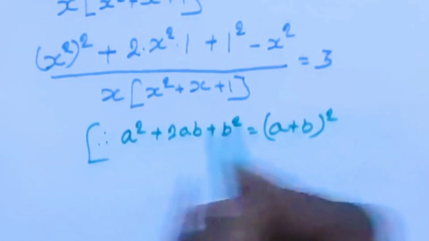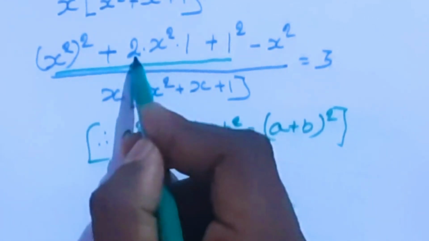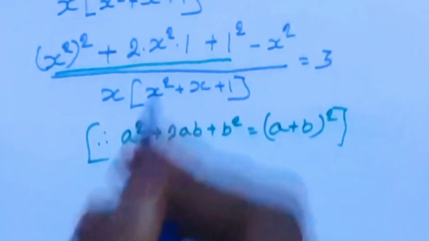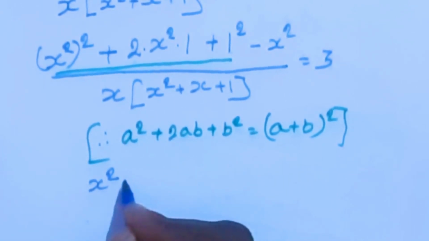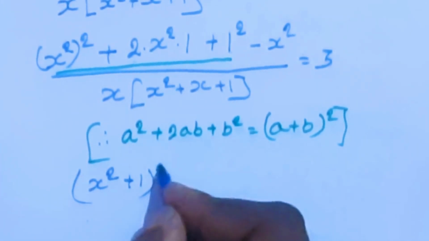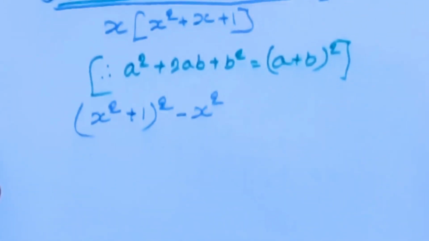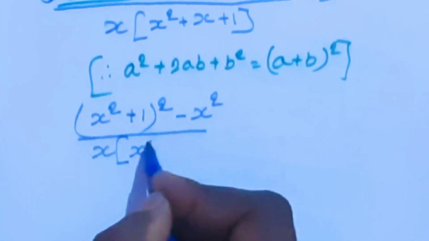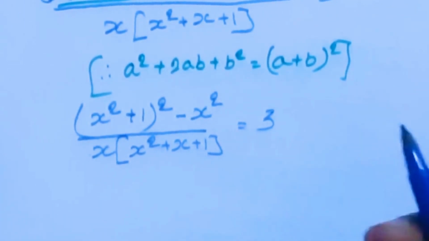This formula we are going to apply here. Now this is a, this is 2ab plus b^2. So this whole will come as (x^2 + 1)^2 minus x^2, by this x^2 + x + 1 = 3.